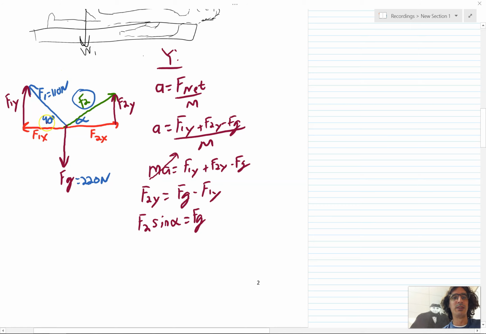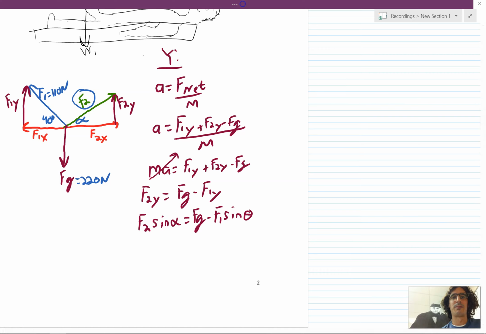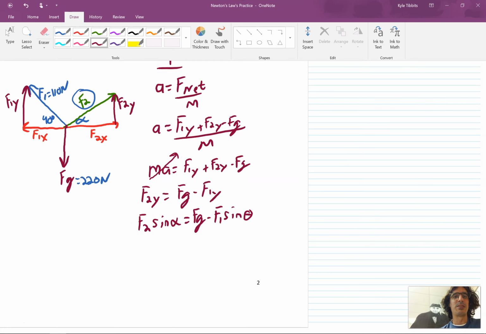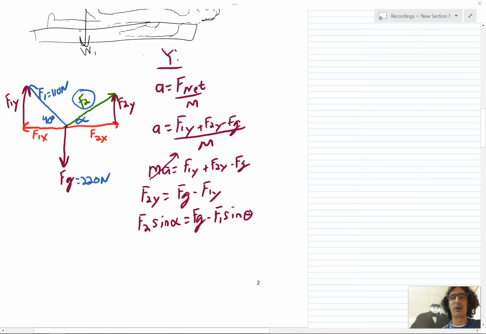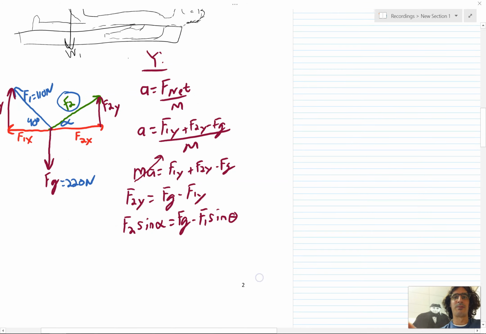We know F1, we know theta, so minus F1 sine of theta. And we want to ultimately solve for F2 and alpha. So now we have one equation but two unknowns, which means we need to make a second equation so we can get two equations, two unknowns.